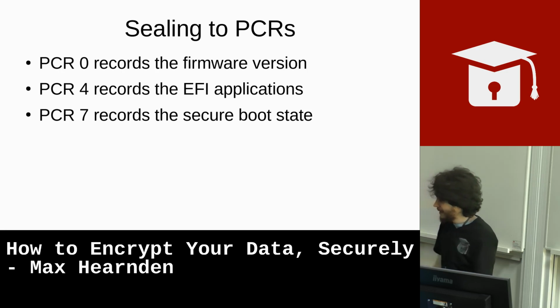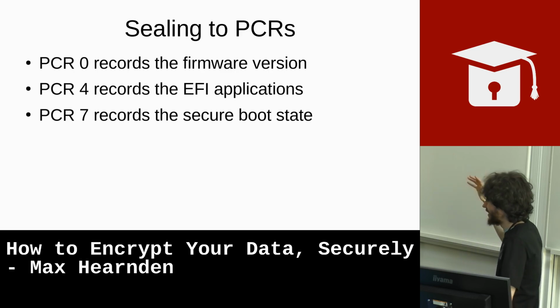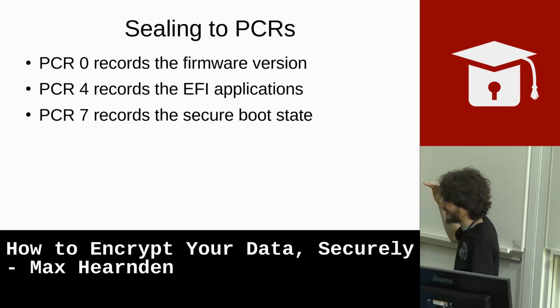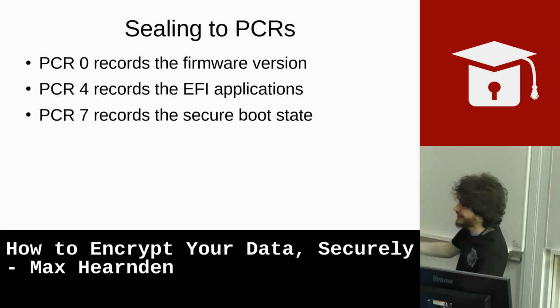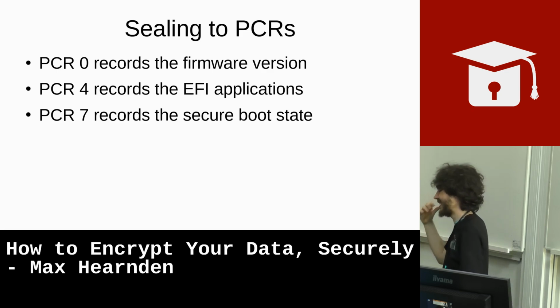So PCR0 records the firmware, 4 records the EFI applications which are loaded, and PCR7, which wasn't in the diagram from earlier, measures the secure boot state. And that's what keys are valid, what keys are valid to verify those keys, and what key is valid to verify the other key.